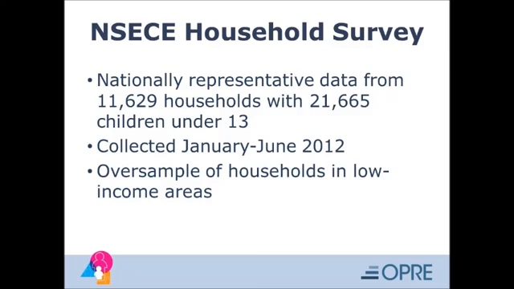The data were collected between January and June in 2012, and because low-income families are of such great policy interest, especially to ACF, there was an oversample of households in low-income areas. Please note that a household in a low-income area may not itself be a low-income household, but rather a household who lives in an area with many other households who have low incomes.